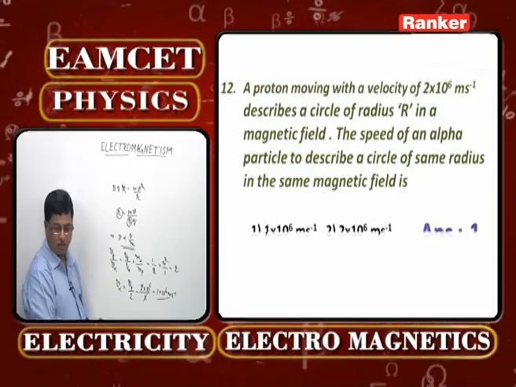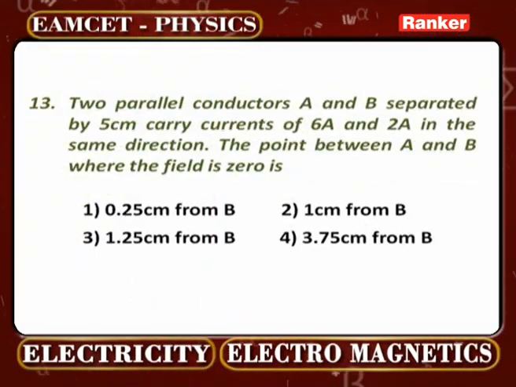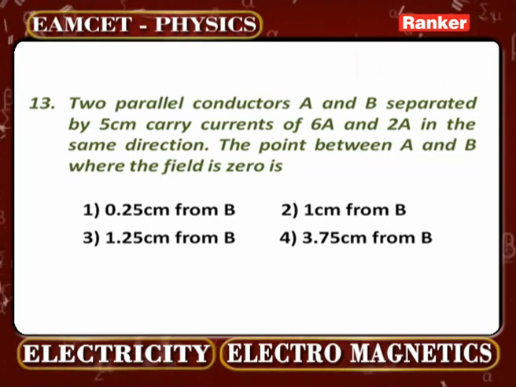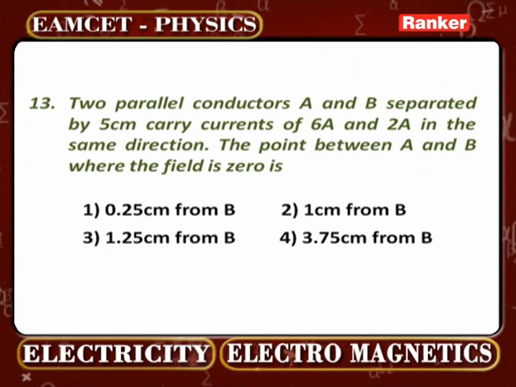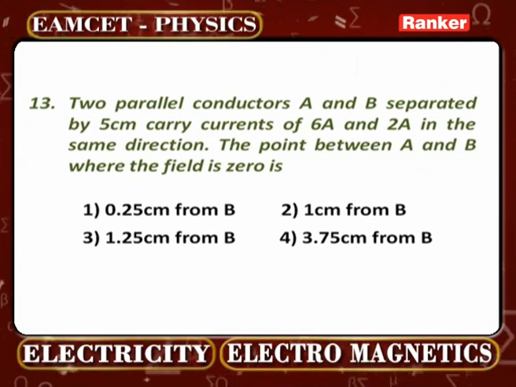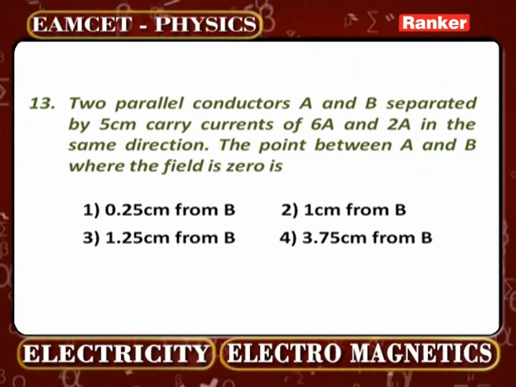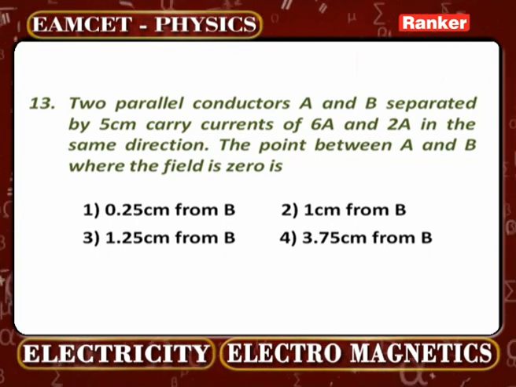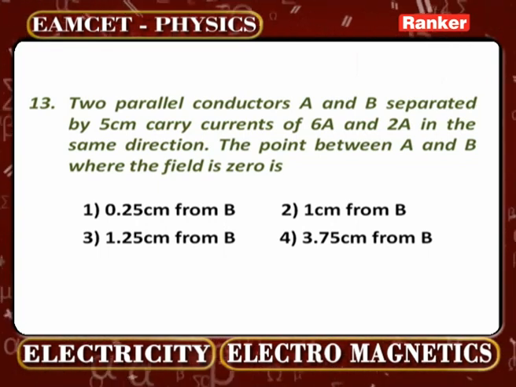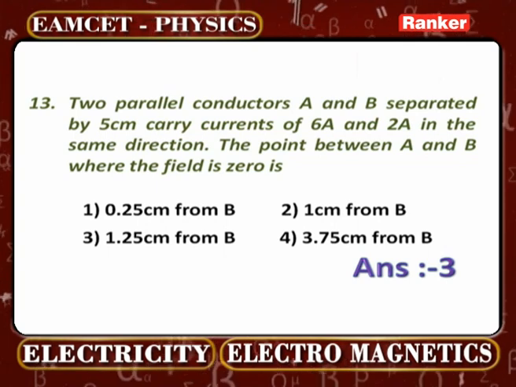Look at the next one, problem number 13. Two parallel conductors A and B separated by 5 centimeter carry currents of 6 ampere and 2 ampere in the same direction. The point between A and B where the field is 0. First and foremost, you should remember 2 small points over here.